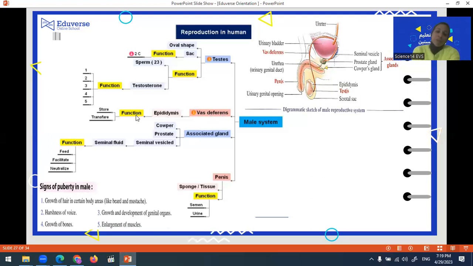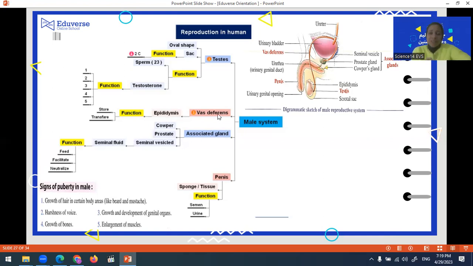And what's the function of the epididymis? What will happen inside the epididymis? It's the last stage of development and growth of the sperm, and it will store the sperm inside it. So we have two functions: storage, and the last stage of the development of the sperm happens in the epididymis.